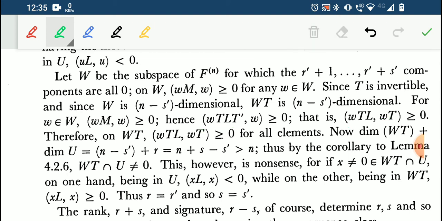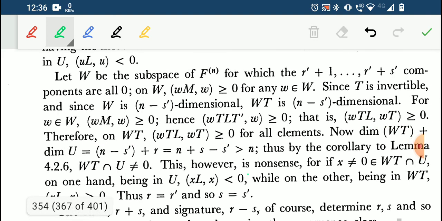Both are the same because T' is there, and when it comes to the other side it will be just T. So it will be greater than 0. Therefore on WT, the inner product of WTL comma WT is greater than 0. The same thing is repeated here for all elements.